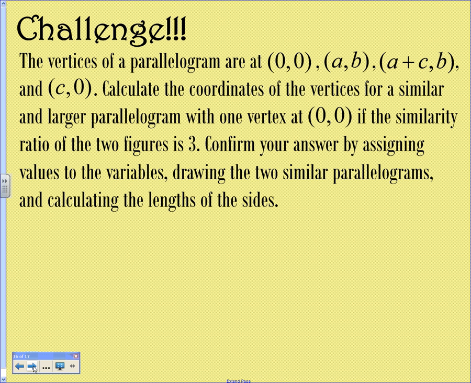They give you the vertices for a parallelogram, which you did vertices for a parallelogram earlier. And then they want you to find the coordinates for a similar parallelogram if the similarity ratio is 3.